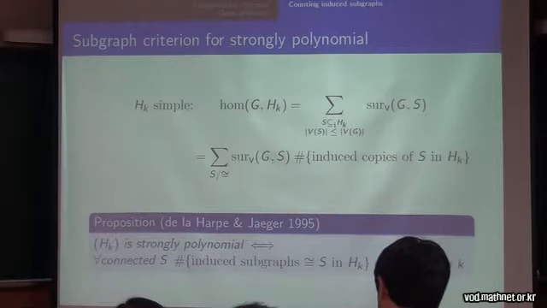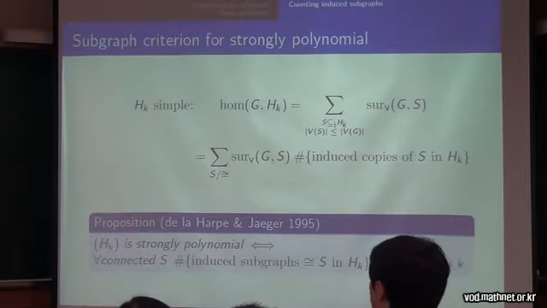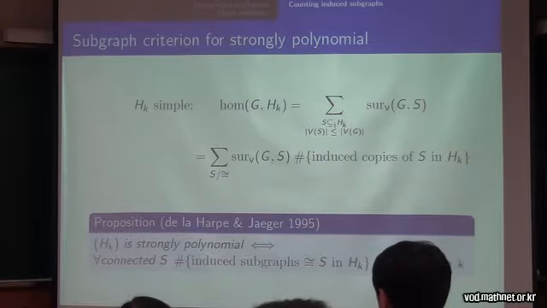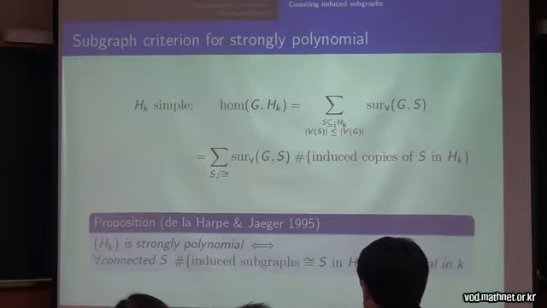And for me, and for proofs, in fact, it's good to translate counting homomorphisms to something perhaps a bit more familiar, which is to count the number of induced subgraphs of a given isomorphism type. And so what Delahaye and Gégé showed was that if I'm looking at a sequence of simple graphs and counting homomorphisms from G to H_k, then I can partition these homomorphisms according to the image. Where do I send the vertices of G? So S is the induced subgraph of H to which G is sent.